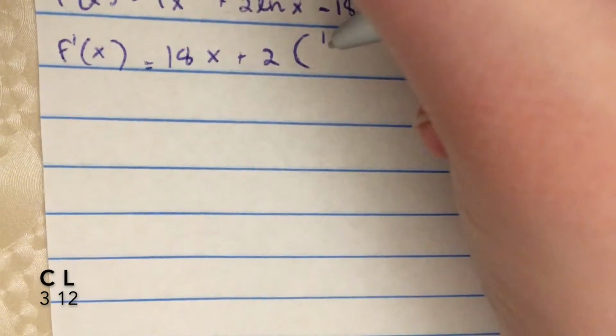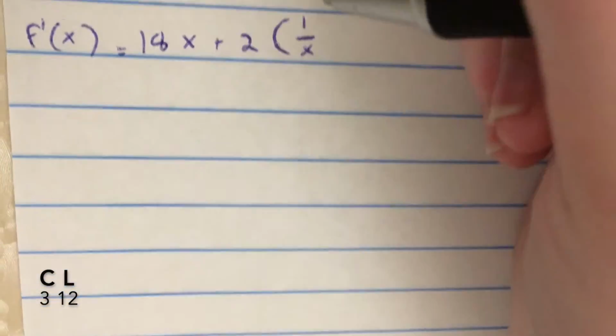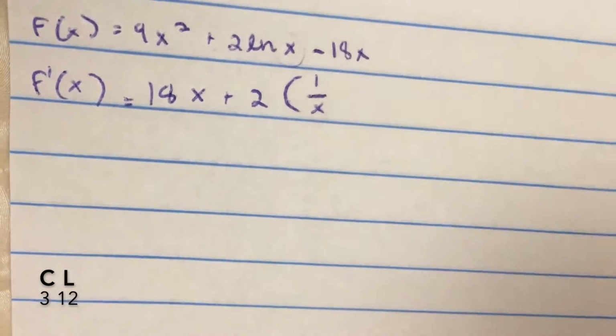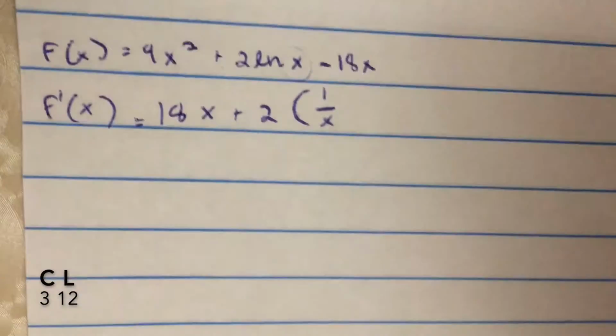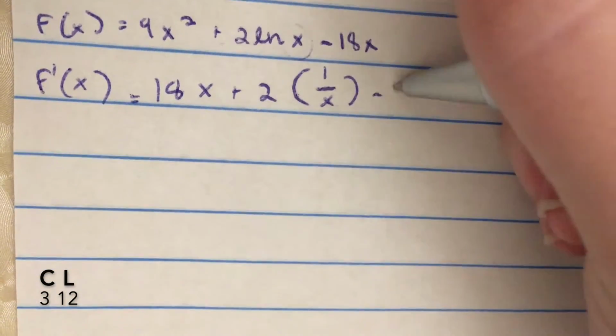You bring down the 2, 18x, and then you subtract from the exponent, and then plus 2, 1 over x, because the formula for the derivative of natural log of x is the derivative of whatever you're doing it to over the original, minus 18.